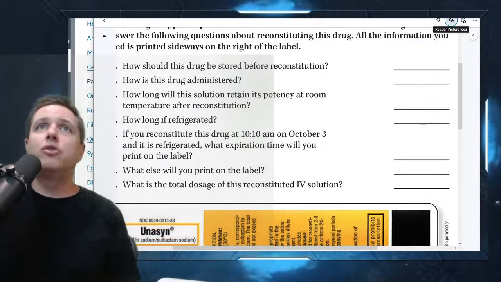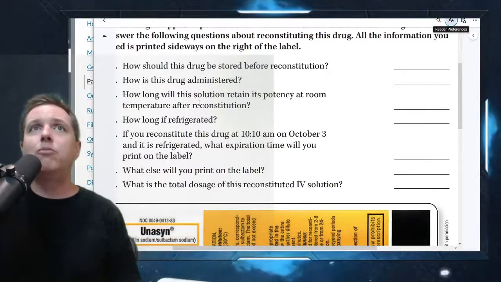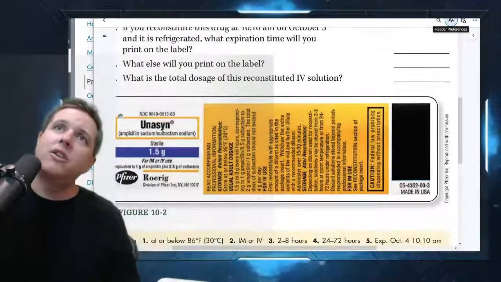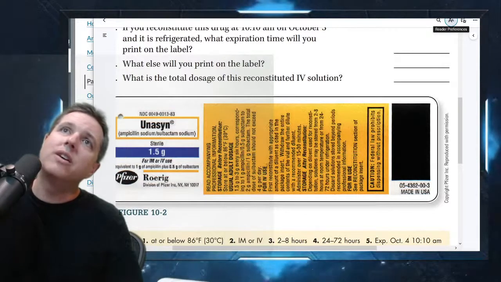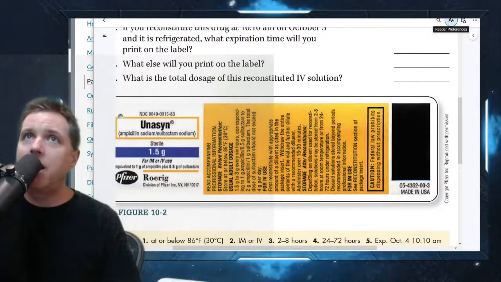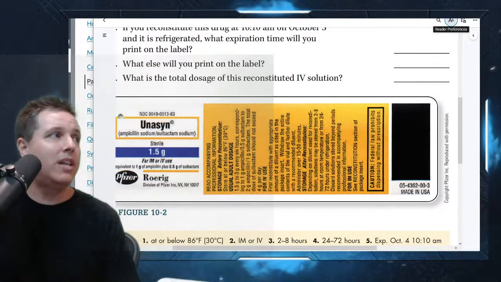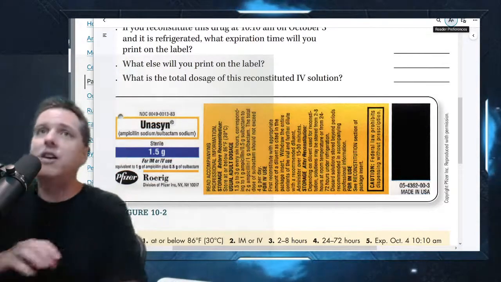How long will the solution retain its potency at room temperature after reconstitution? So let's see. There should be something about storage after reconstitution. So here we go. Storage after reconstitution. So it says right here. So that information's there. You just got to find it.